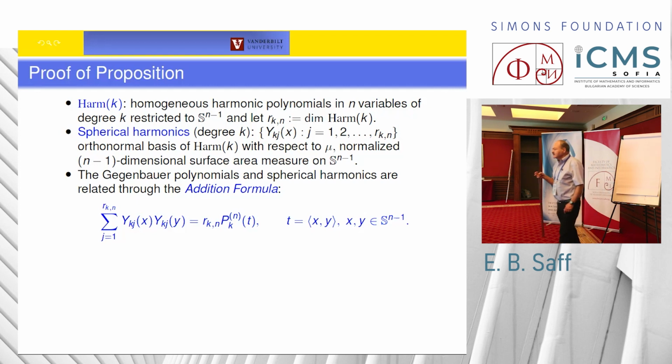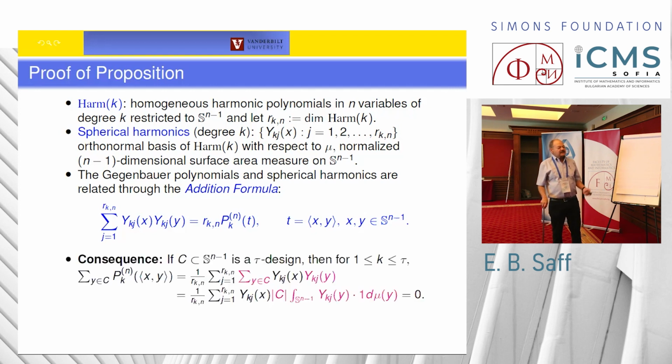It only depends on the angle between x and y. Okay? It's what we call zonal, right? And in fact, it's equal precisely to the dimension of your harmonic polynomial space times the Gegenbauer polynomial of degree k for dimension n. Okay? So that's where everything sort of flows from, this addition formula.